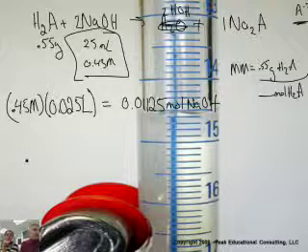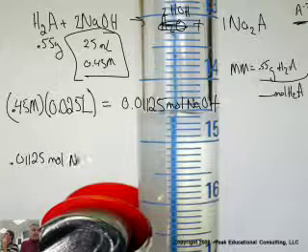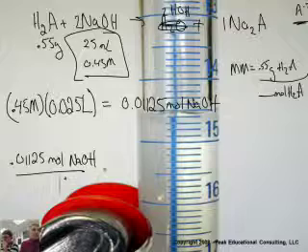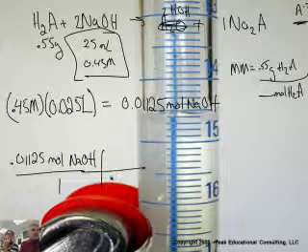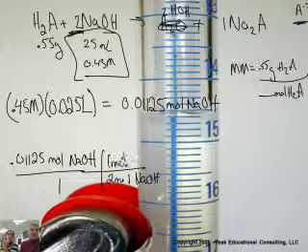So I'm going to pull that down here and take 0.01125 moles of NaOH over 1. Now watch this: 2 moles of NaOH, because of the 2 in the balanced equation up here, is 1 mole of H2A.